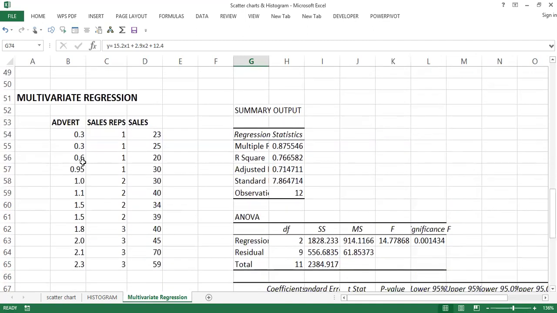You have advert, sales reps, sales. So if you spend 0.3 million on adverts with one salesperson, you got sales of 23 million. Then 0.3 again, one salesperson, 25 million, and so forth.